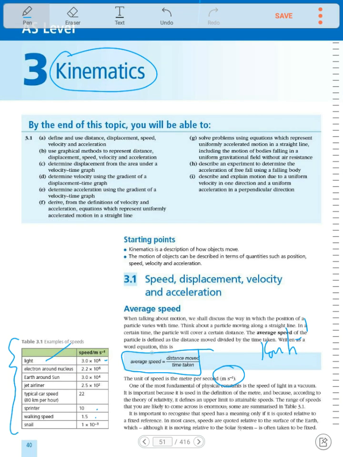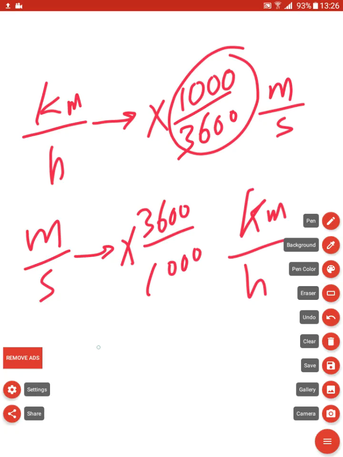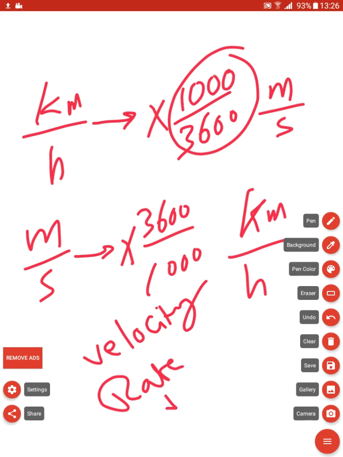If you are asked to write the definition of the average speed, you can write that it is the distance moved per time taken, or the rate of change of distance. And velocity is the rate of change in displacement.